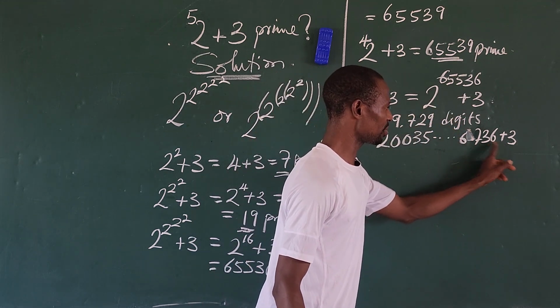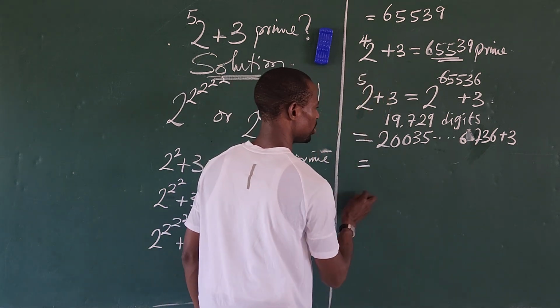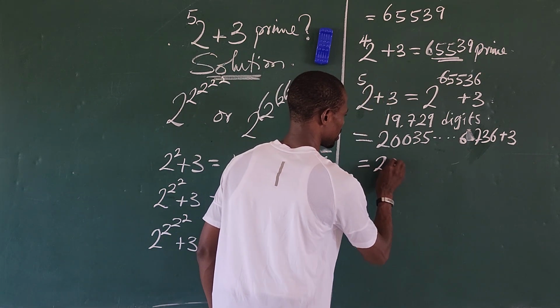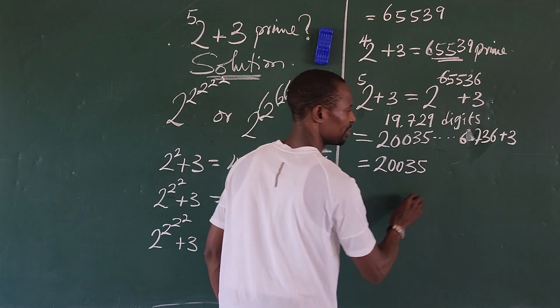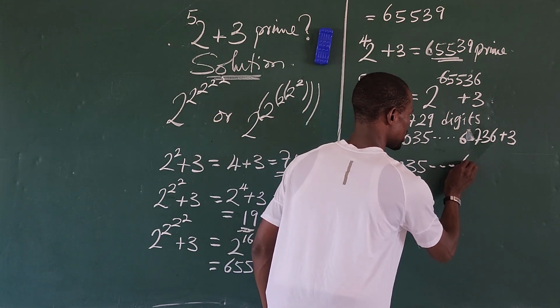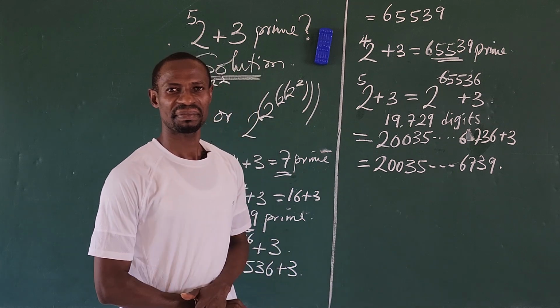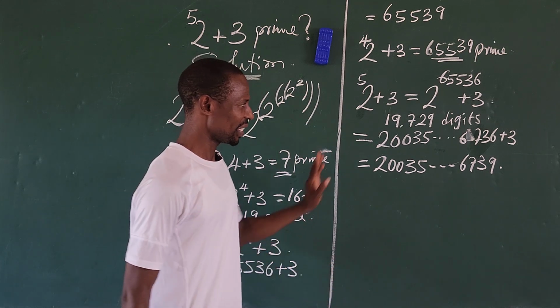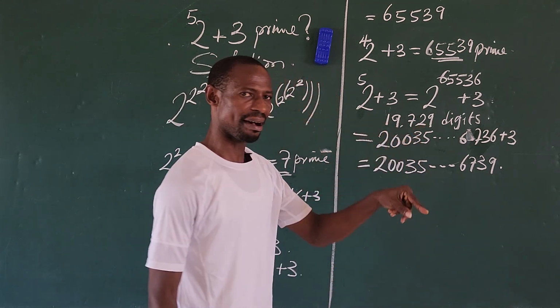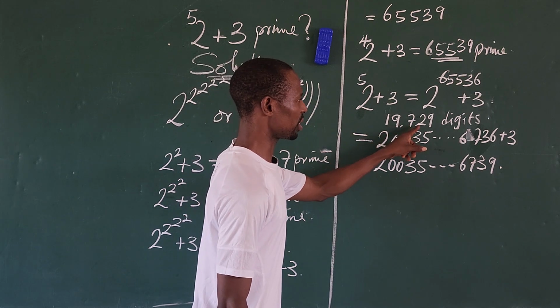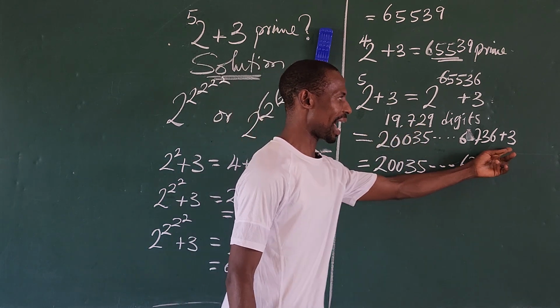So if we add 3 to this, what will this give us? This will end up giving us 20035 dash 6739. You get that? So we still have 19,729 digits after adding our 3.